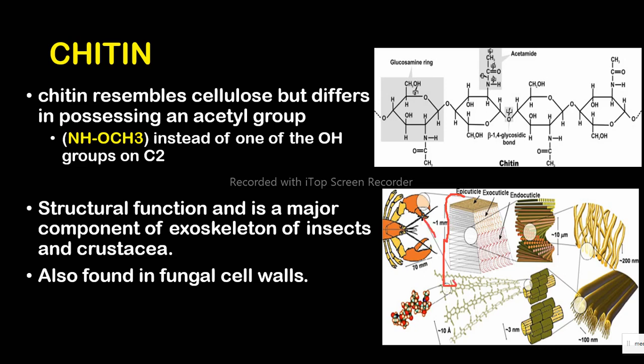Now it is this cuticle that will form the exoskeleton in insects. In this cuticle we shall add wax, and wax is a lipid, to prevent water loss in the epicuticle, especially.